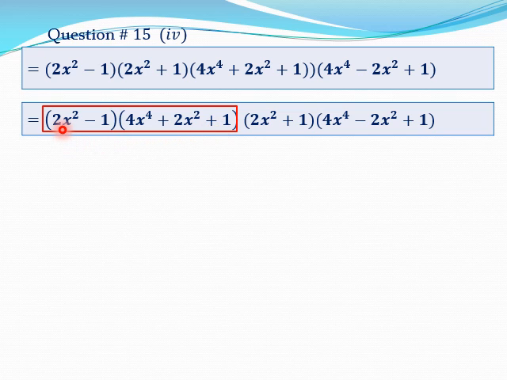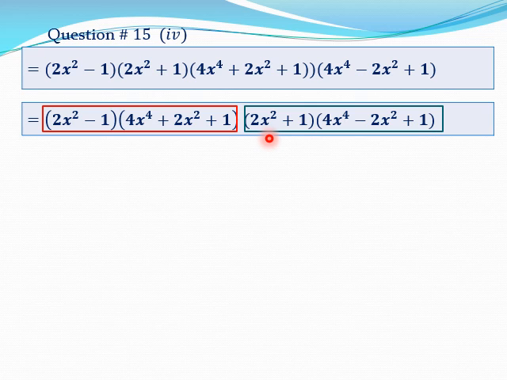Observe, first term minus second term, and here is the first term squared. The first term is 2x square, its square is 4x^4, and the middle term is the product of the first and second term. 2x square is the first term and 1 is the second term. The product of 2x square and 1 is 2x square, plus the square of the second term, and the second term is 1, so its square is 1. This is the first group.